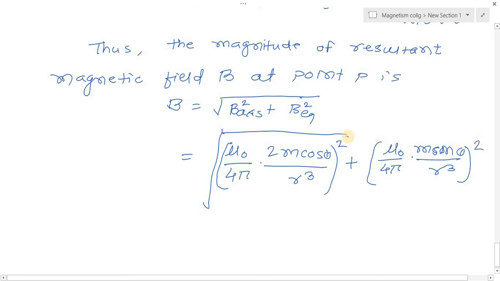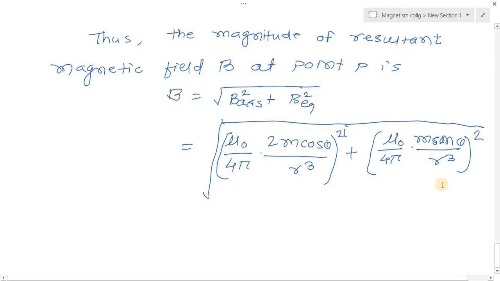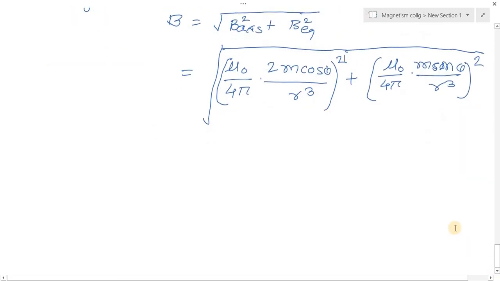So here in both the terms, some quantities are common, and we write them outside of the square root. So it becomes mu 0 upon 4 pi.